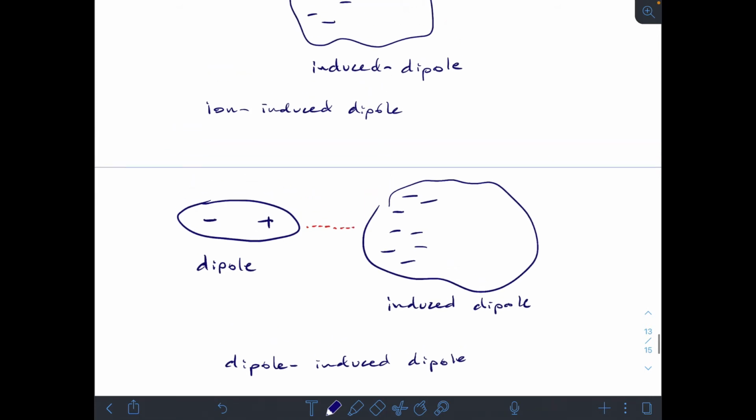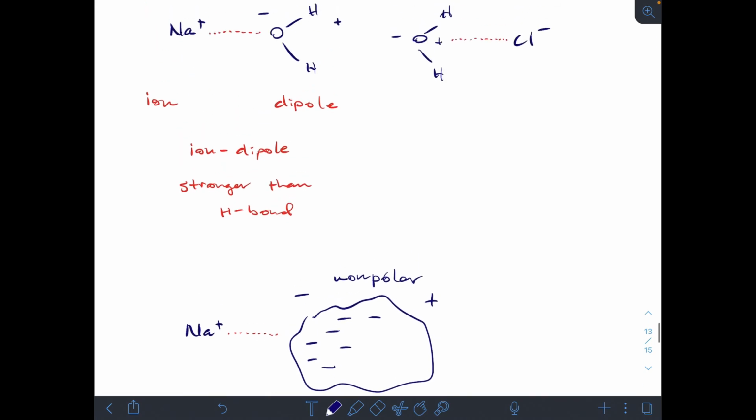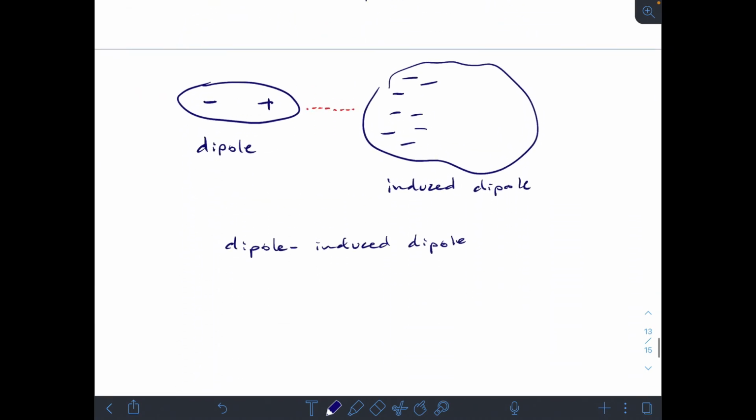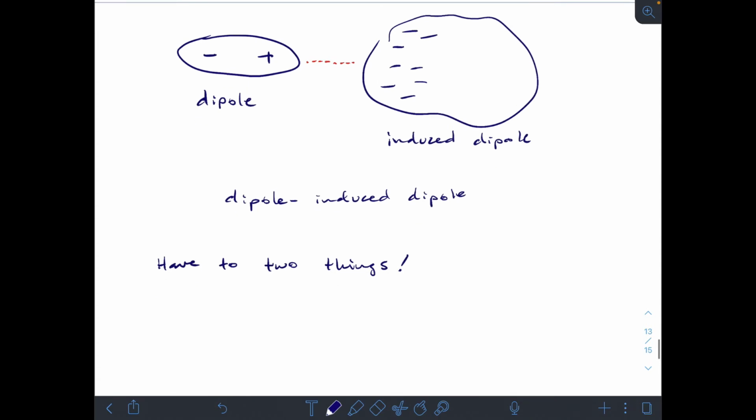Now what's important about all of these, the ion-dipole, the ion-induced dipole, the dipole-induced dipole, is that you have to have two things. If I just ask the question, what forces are possible with CH4?